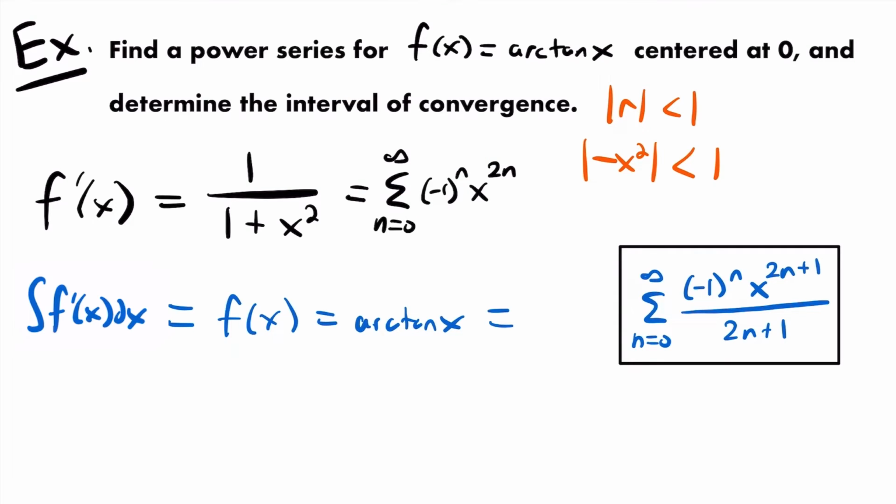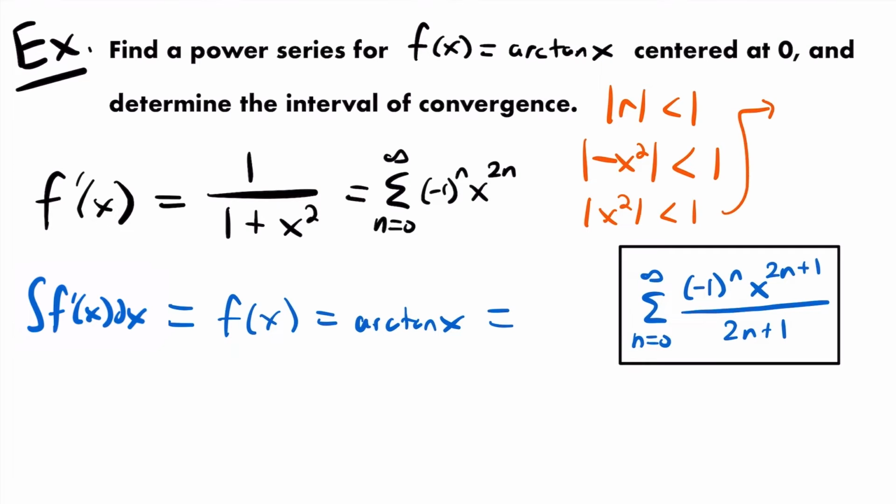Well, first of all, these absolute value bars are going to eliminate that negative sign. So we're just going to have the absolute value of x squared is less than 1. And then if we take the square root of both sides, the square root of the absolute value of x squared is just going to be the absolute value of x, and the square root of 1 is just 1.